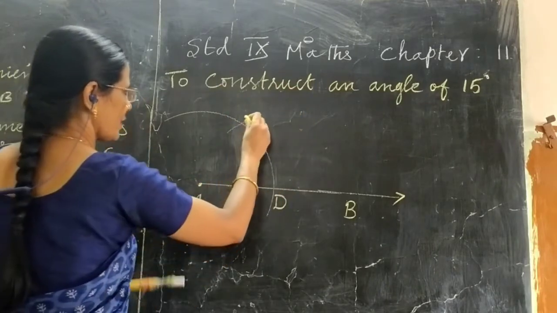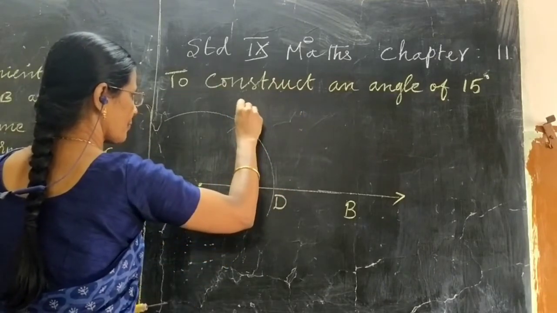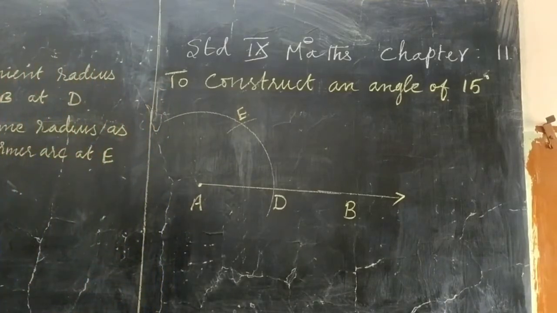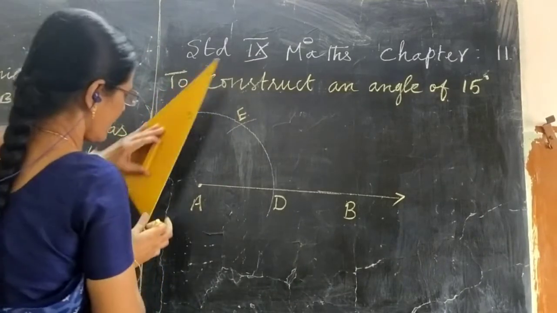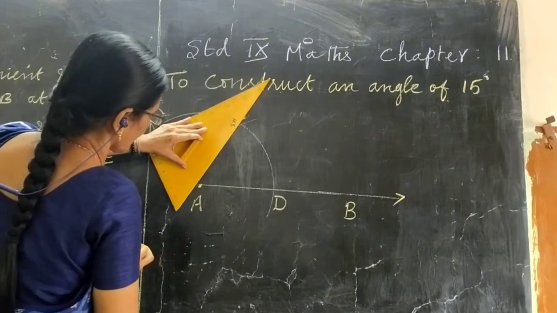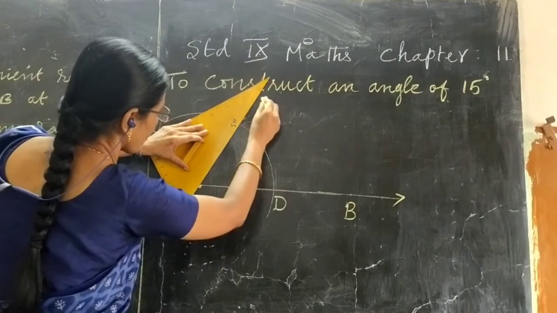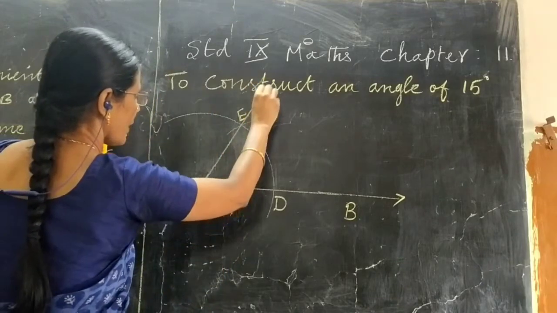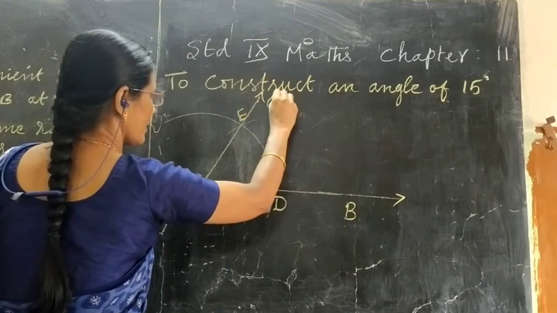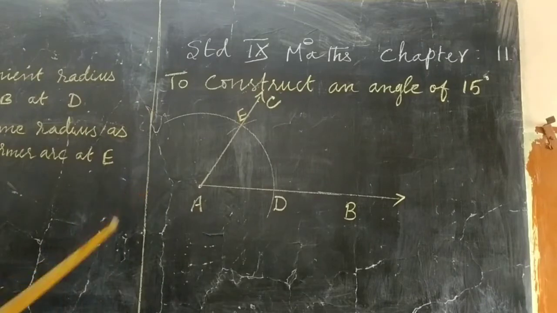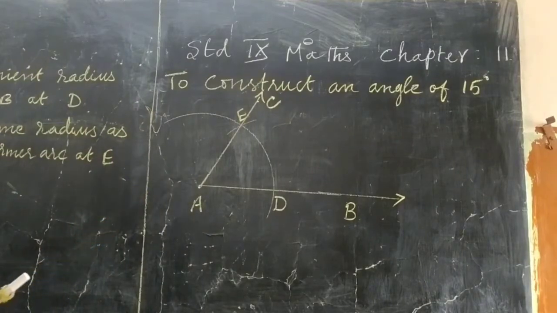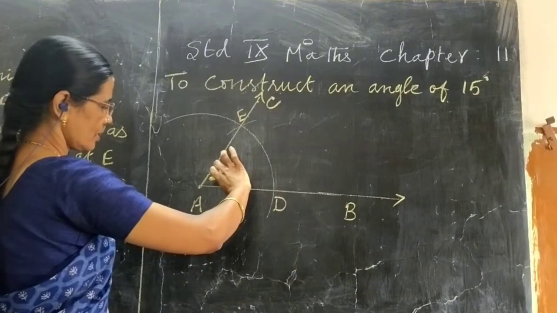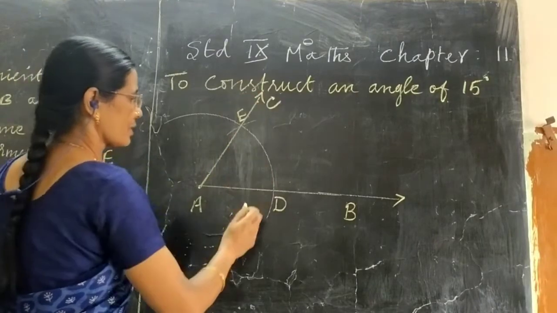This point we name as E and we are going to draw a ray through A and E. This ray, let us name it as AC. Now we are going to bisect this 60 degree. If you measure this angle, this is 60. So this is going to be bisected.